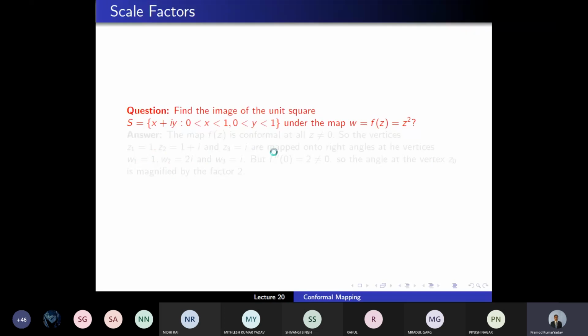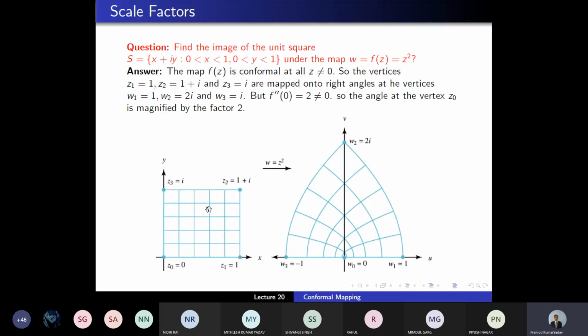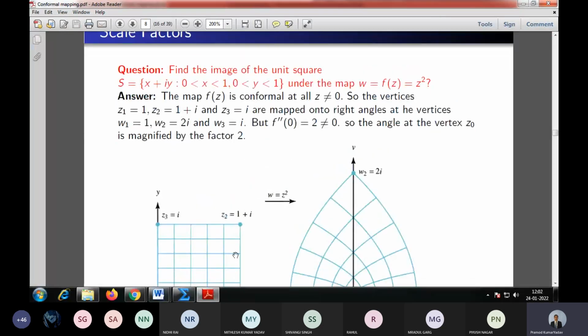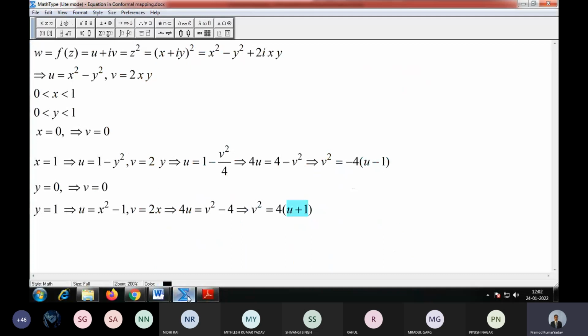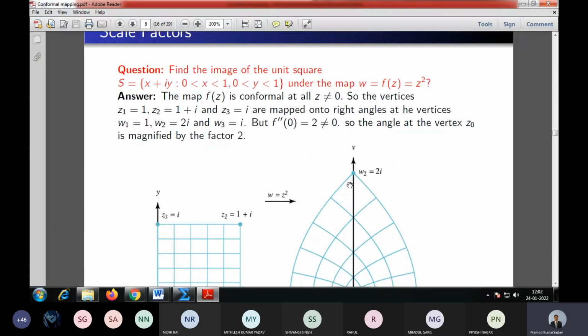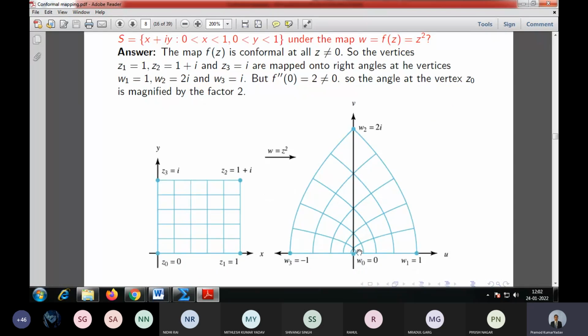So this is going to happen. You may see, this was the picture. Now, as I showed, x equal to 0 as well as y equal to 0 both are going to the boundary v equal to 0. So v equal to 0 means this axis. For x equal to 0, it is the y-axis, or even this axis, these two are going to be shifted here.